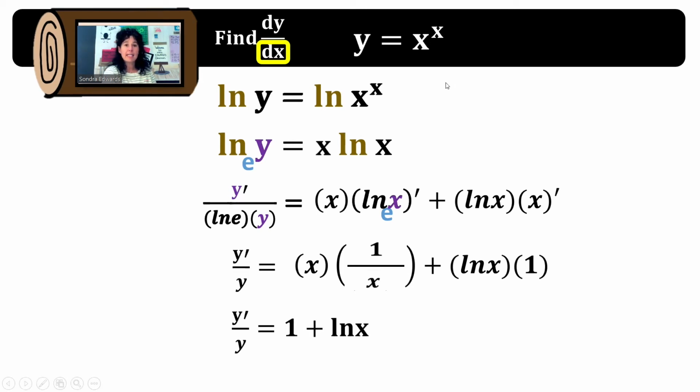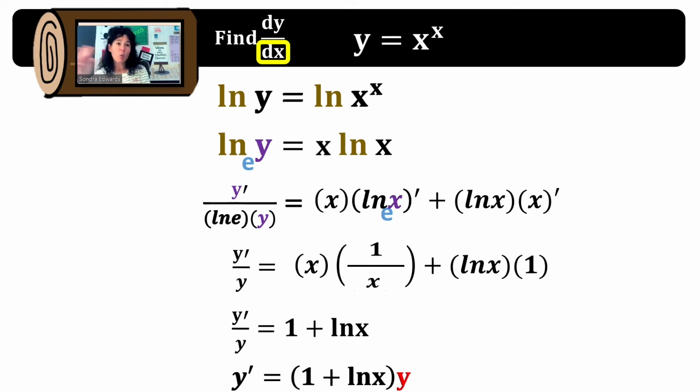We want to find dy dx. That's equivalent to y prime, so I need to get y prime by itself, and to do that, I could just multiply both sides by y. I want to write my final answer to dy dx in terms of x. Okay, so that y right there, I don't want that y there.